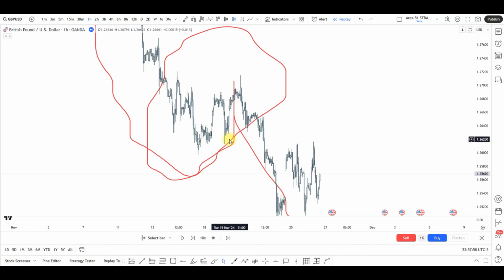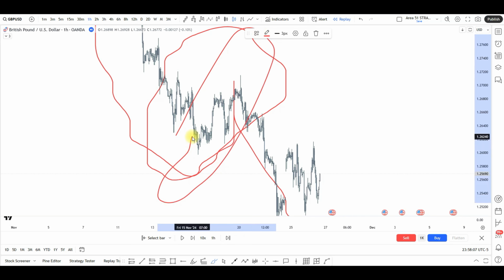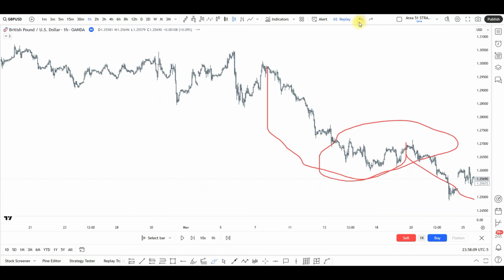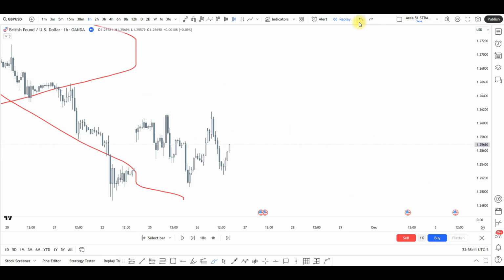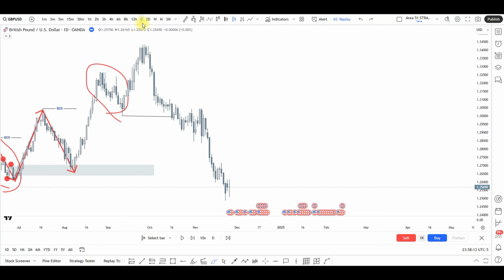High, high, high, low, high, high. Oh, you see that? Now you think you're trading an uptrend market, but in reality, this is just a corrective move for the higher time frame. It's nothing but a corrective move.